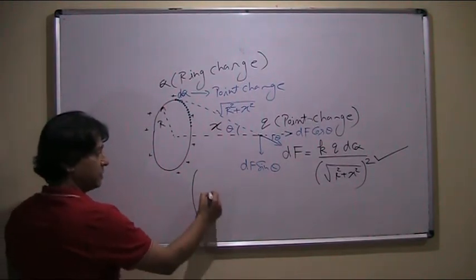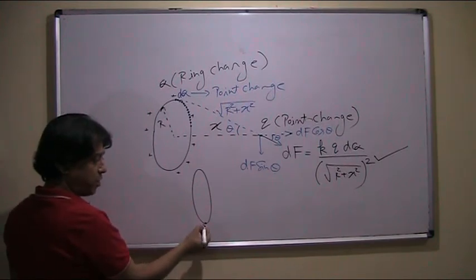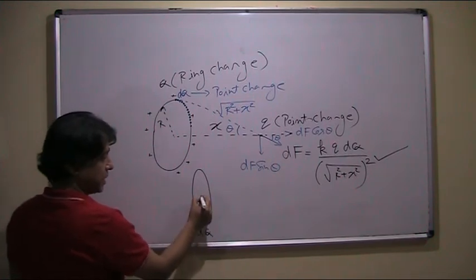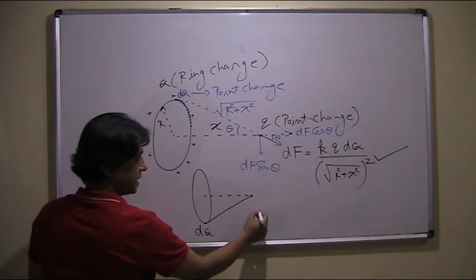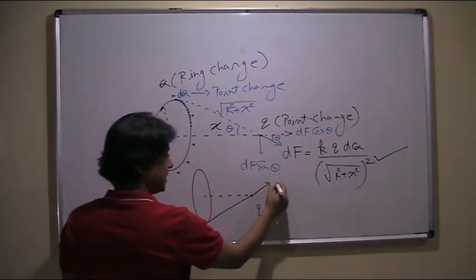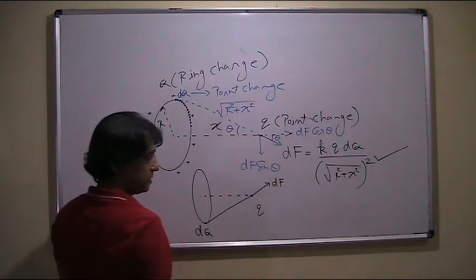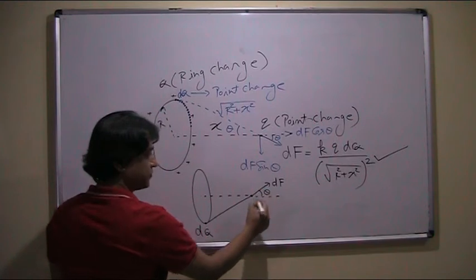Now, if on this ring charge you take the bottom point charge dq and you find its force right here at the position of q, then this force is also dF, and this force is also at an angle of theta.